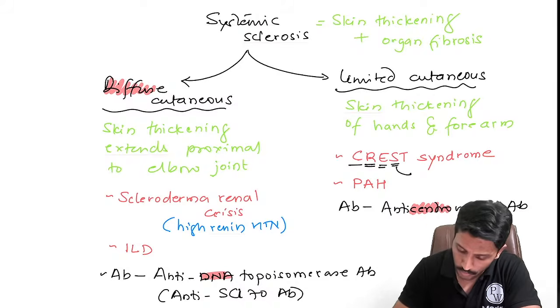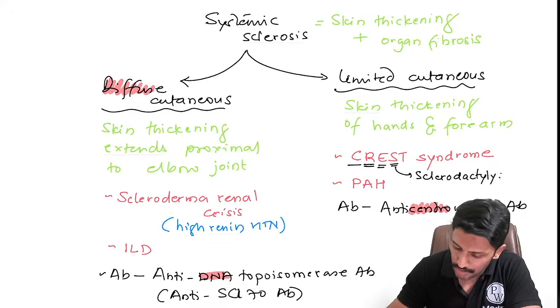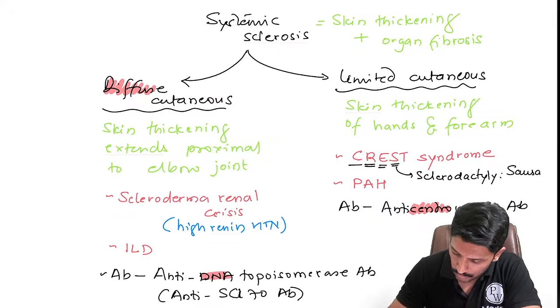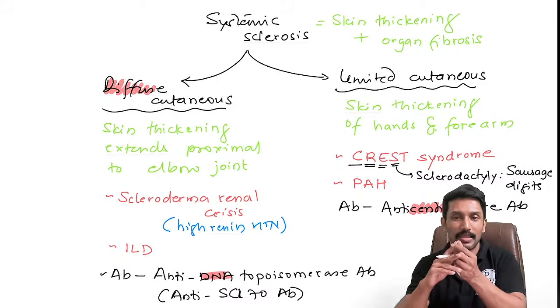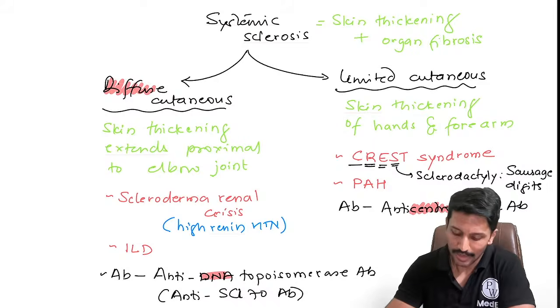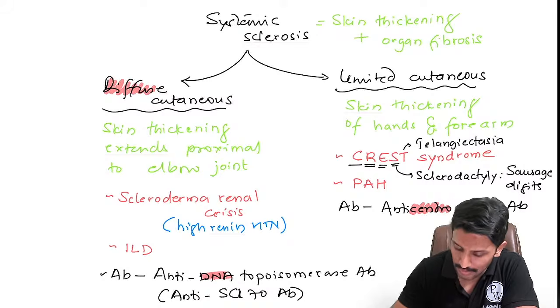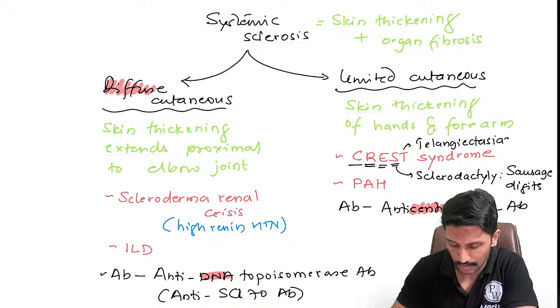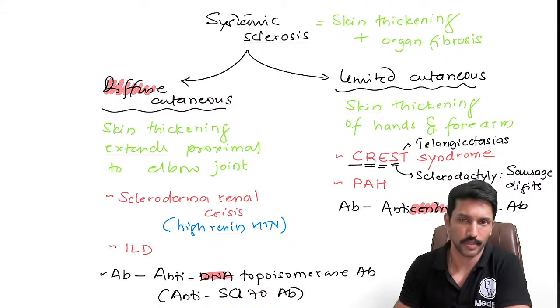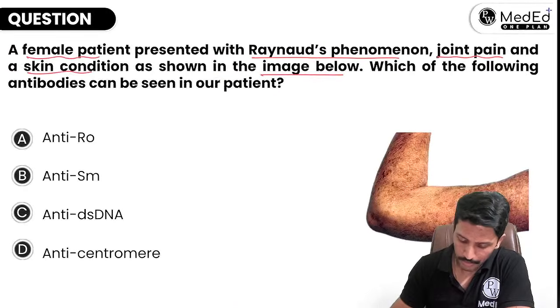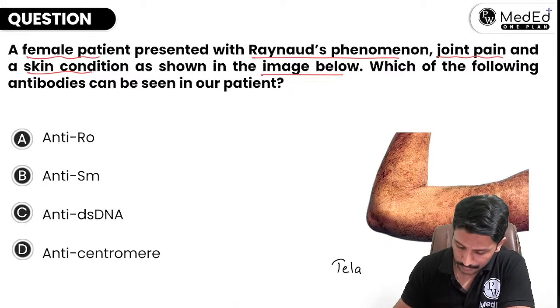It creates what you call sclerodactyly, or sausage-shaped fingers, sausage digits, because these are inflamed, thickened skin. And T stands for telangiectasia. So in the picture you saw, you are actually seeing those rashes, which are telangiectasias. Telangiectasias are small vascular anomalies.